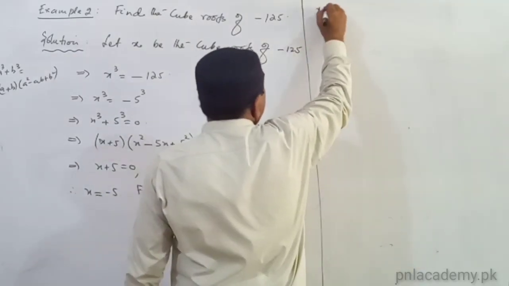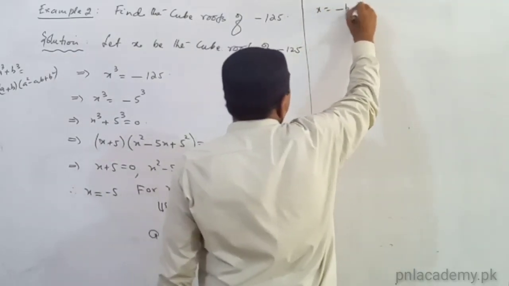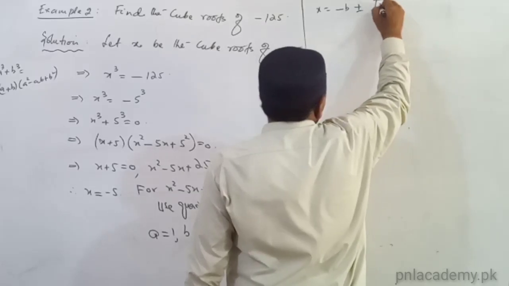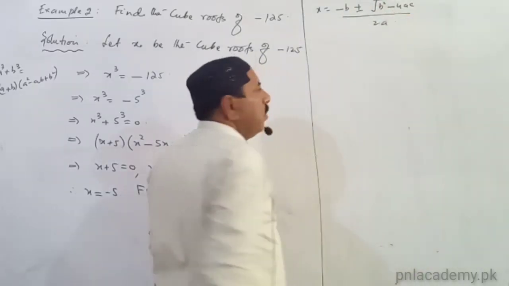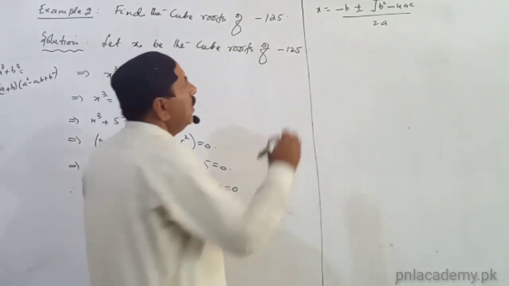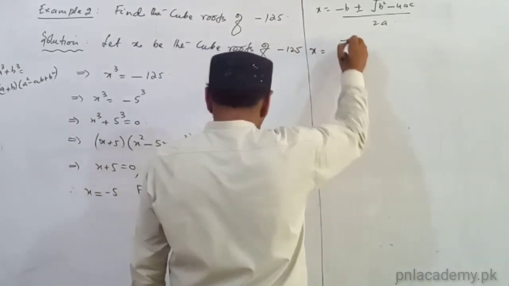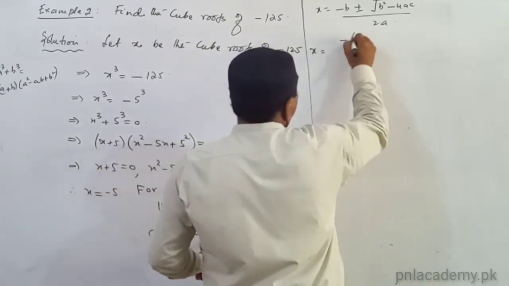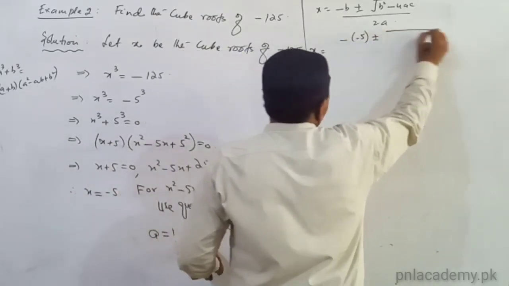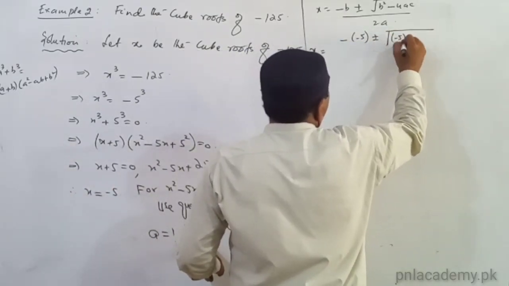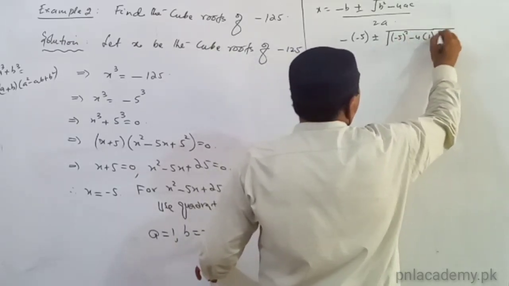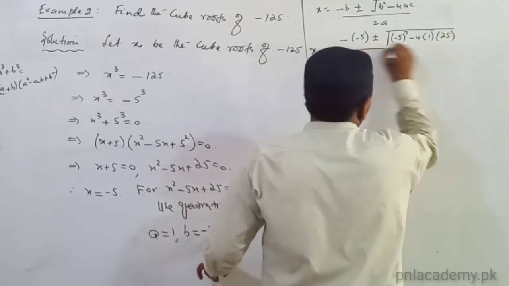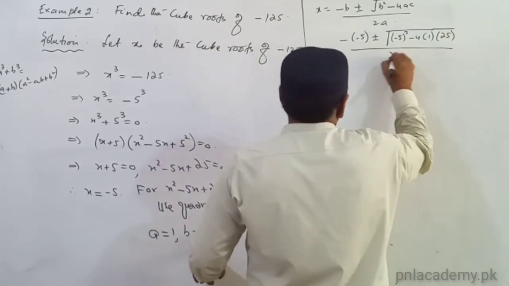The value of x is equal to minus b plus or minus radical b square minus 4ac upon 2a, with the help of the quadratic formula. The value of x is equal to minus of minus 5 plus or minus radical minus 5 square minus 4 into 1 into 25 upon 2 into 1.